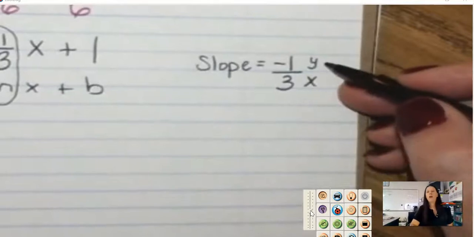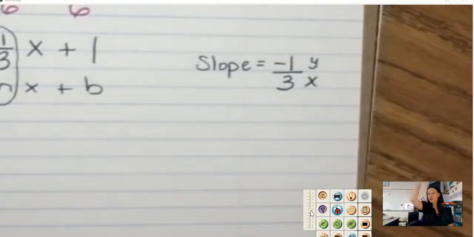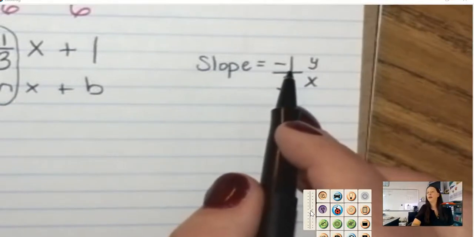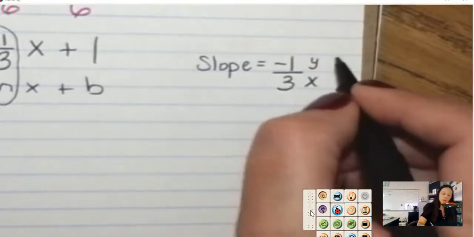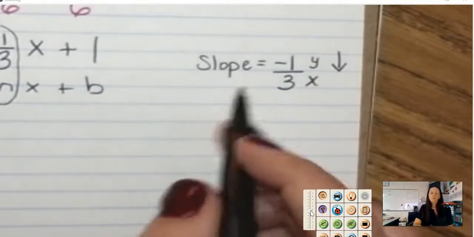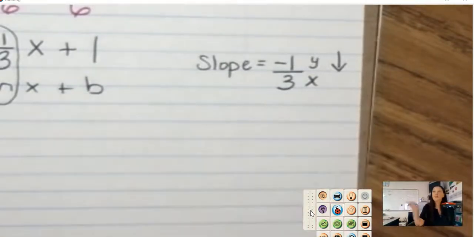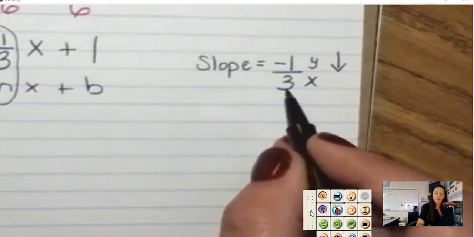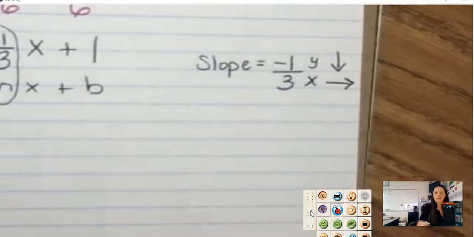So if you think about y, that's your up and down axis, vertical. If I'm going negative, do you think I'm going up or down, everybody? You're going to be going down 1 unit. The x is positive, so that's your left and right. So if you're going positive 3, which direction do you think you're going? To the right.